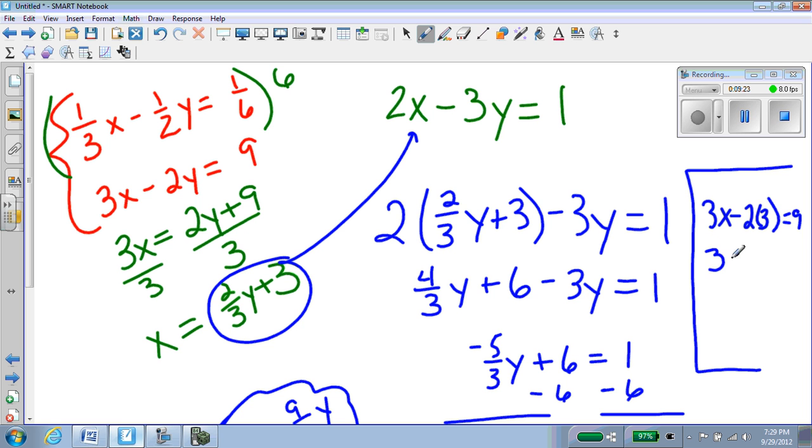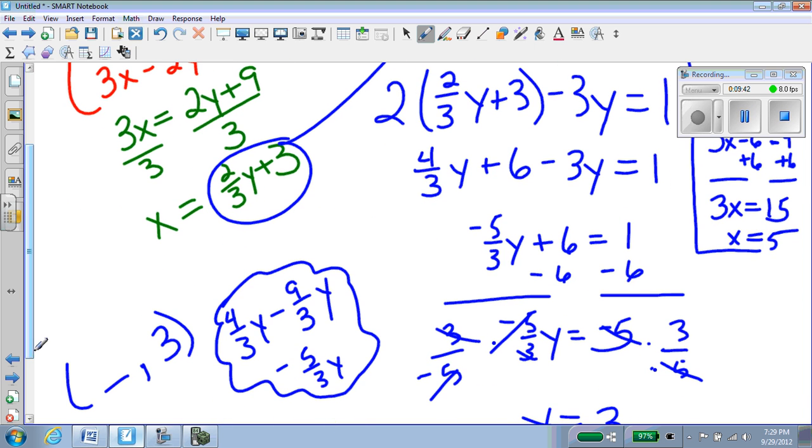So 3x minus 6 equals 9. Add 6, add 6. 3x equals 15. x equals 5. There's my solution. They meet at 5, 3.